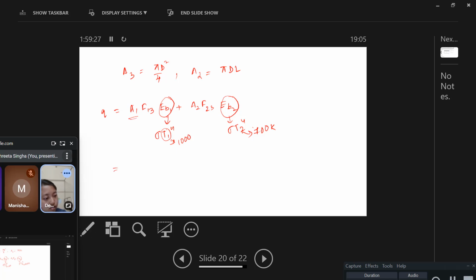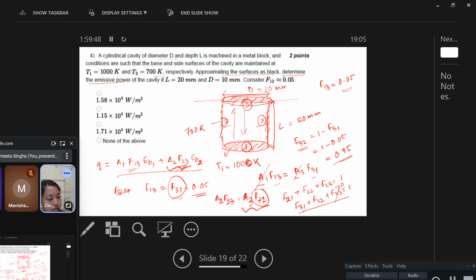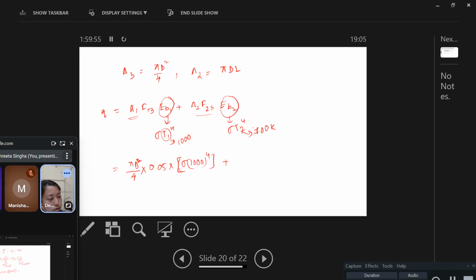A1 is pi d square by 4 and F13 was 0.05 and this is sigma 1000 to the power 4 plus A2 F23. We can also write as A3 F32.